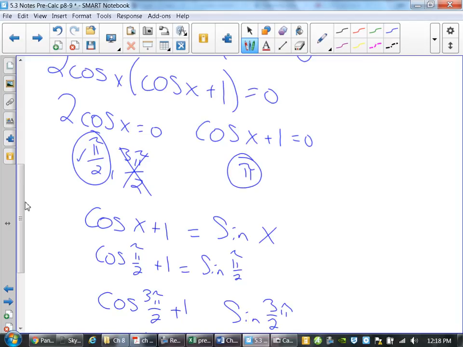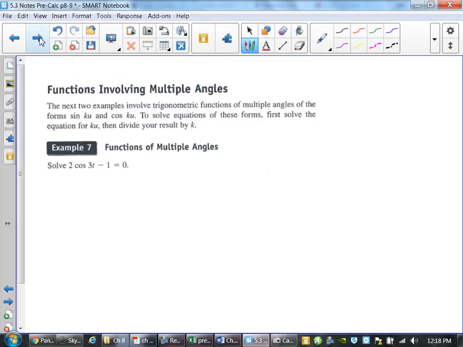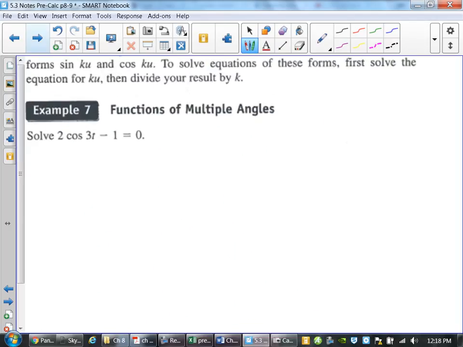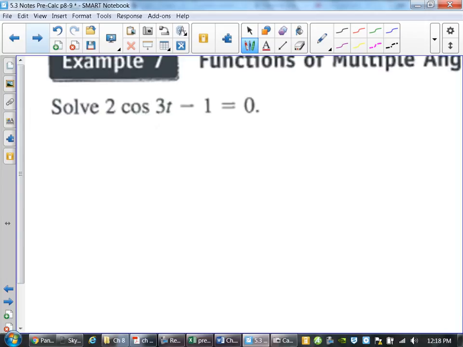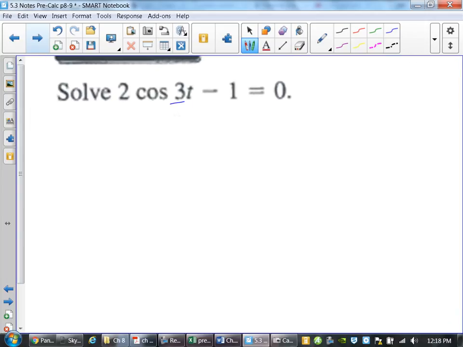Now finally, the example that helps you solve number 3, a multiple angle problem. Multiple angles are the ones where you see a variable mixed in with cosine, like cosine 3x, cosine 6x, cosine 1/2 x, something along those lines.